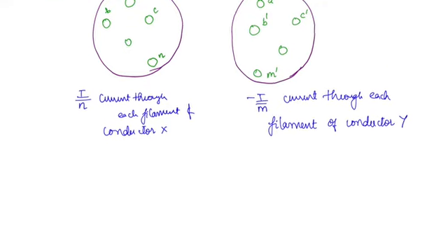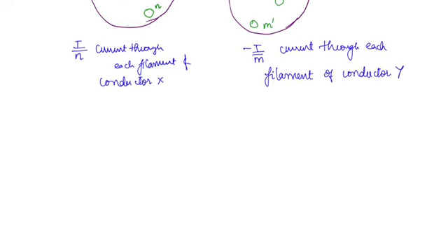Now what is the first step in order to find inductance? We first have to find the flux linkage. First we will find the flux linkage of one filament of one conductor, so we will take filament A of composite conductor X.